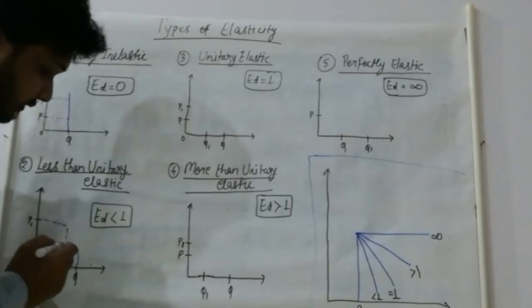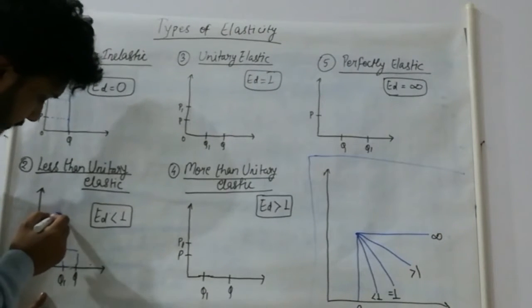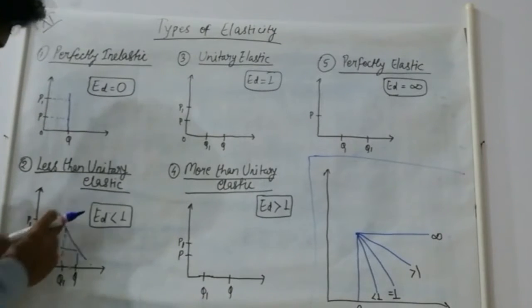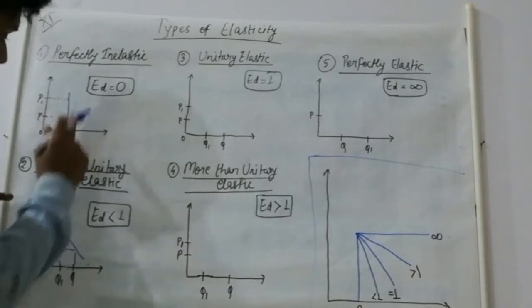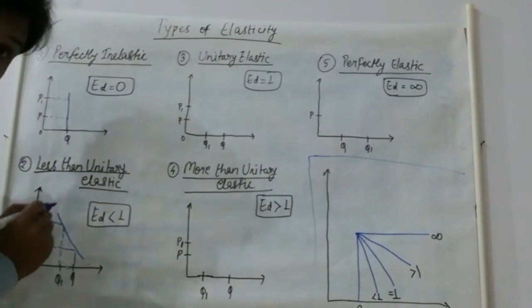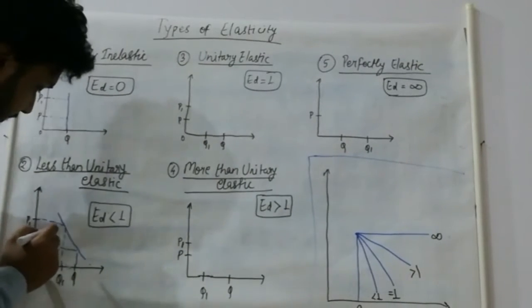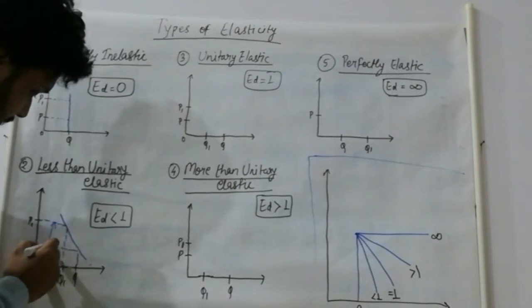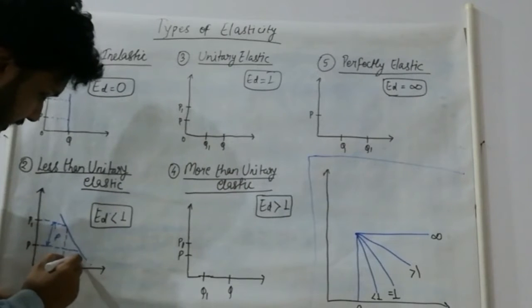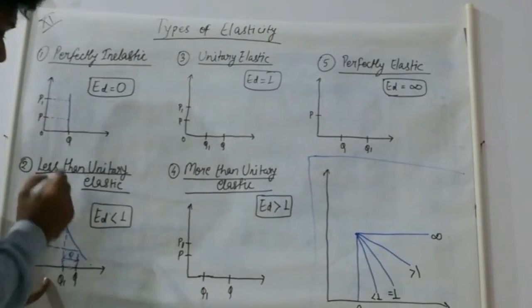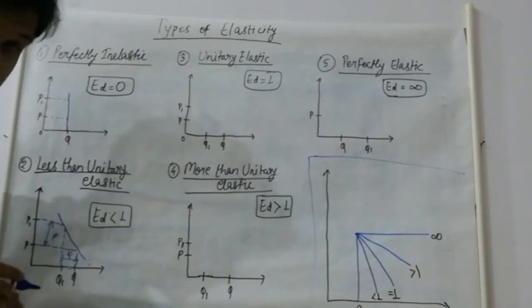So when we make the line of demand, it will be made like this. It will be a little more tilted than the earlier one. As that was straight, this will be a little tilted, and we can see the gap also: there is a big change in the price, but there is a very small change in the quantity. So that's why this is less than unitary elastic.